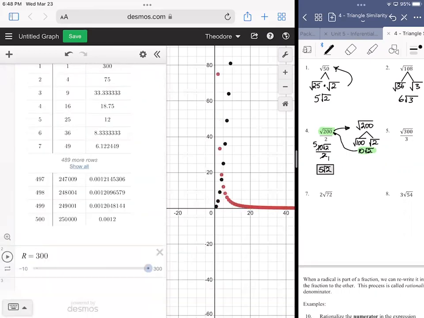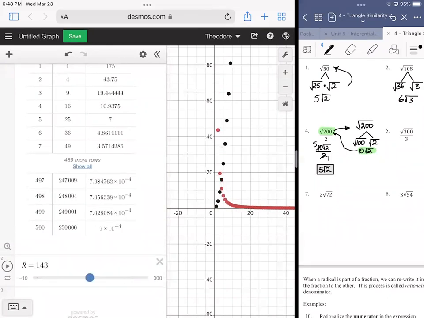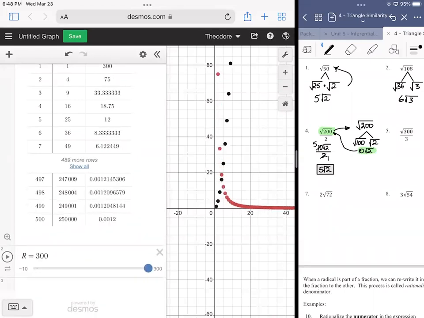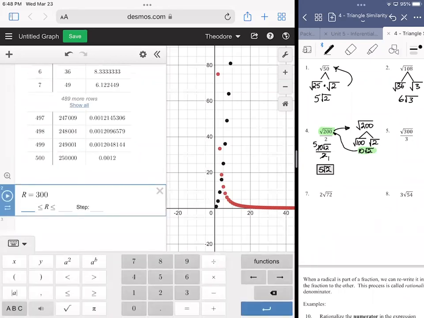Now you see the length of the slider is actually expanding. So I can slide this to whatever I want now. Like if I had a problem that had a 150, I could just slide the slider to 150, because the outer bound is larger. It's also going to allow for decimals, but you can change the parameters on the slider. It's very easy. All you have to do is tap on one of the boundaries, like that -10. It'll ask you what you want it to go in between, in terms of radicand.